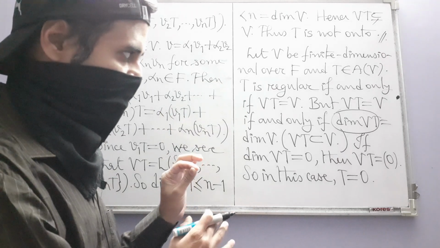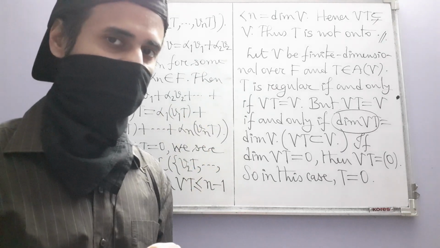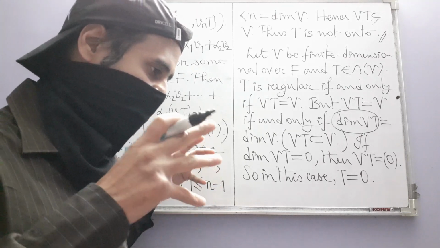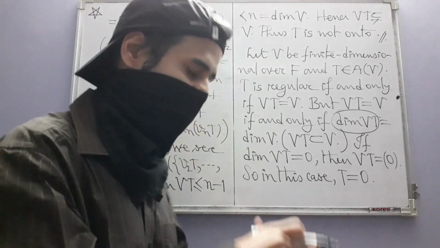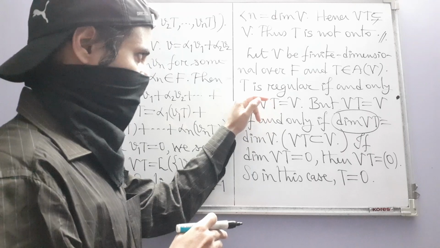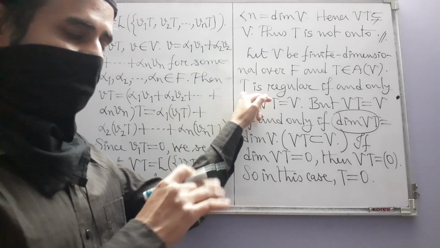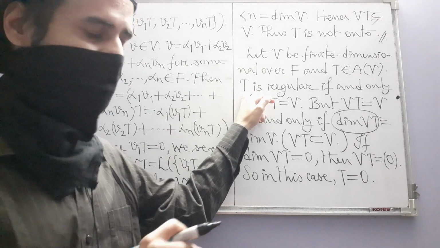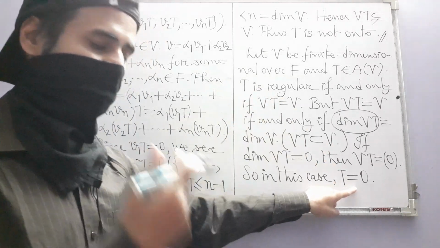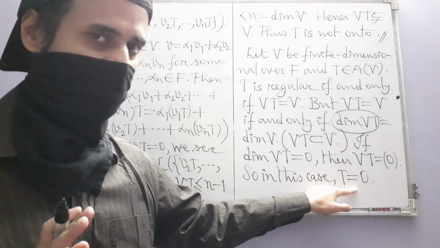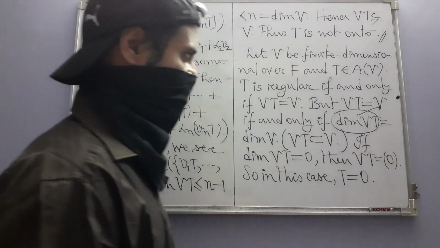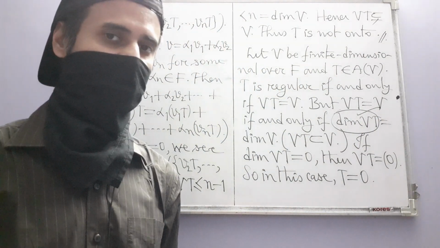No non-zero vector is sent by T onto 0. Okay, so if singularity means sending things or collapsing the vectors onto the 0 vector, then this is as far from being singular as it can possibly be. In other words, it's not singular at all, but this is as singular as it can possibly be. Okay, so in that sense, this is a measure of the degree of singularity of T.